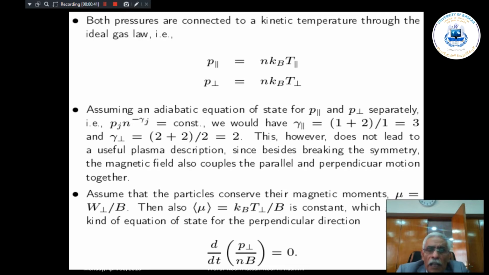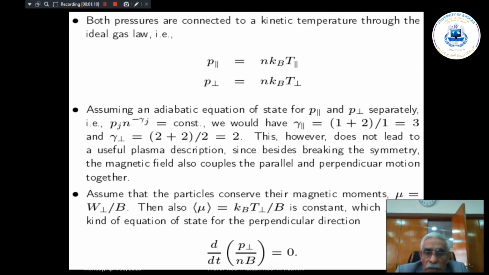Assuming an adiabatic equation of state for P parallel and P perpendicular separately, i.e. P_j n^(minus gamma_j) equals constant, we would have gamma parallel equal to 1 plus 2 over 1, which equals 3, and gamma perpendicular equal to 2 plus 2 over 2, which equals 2.